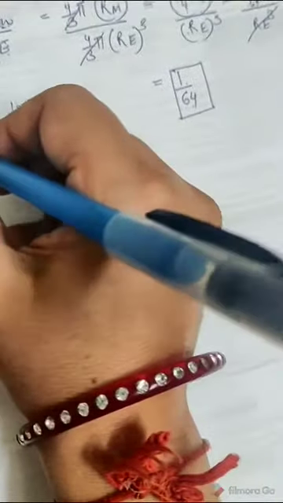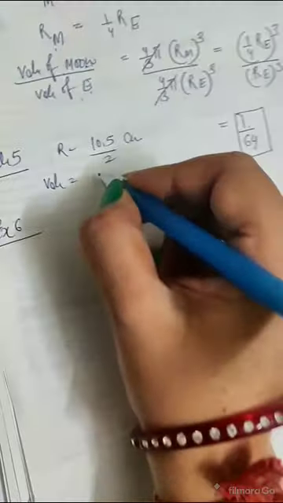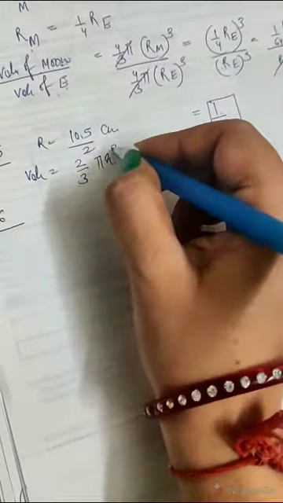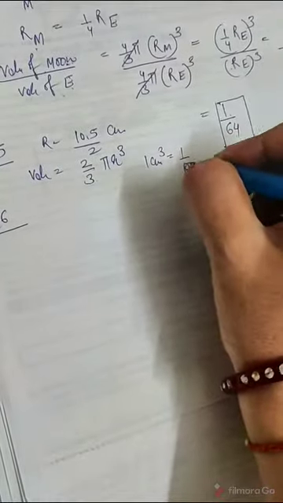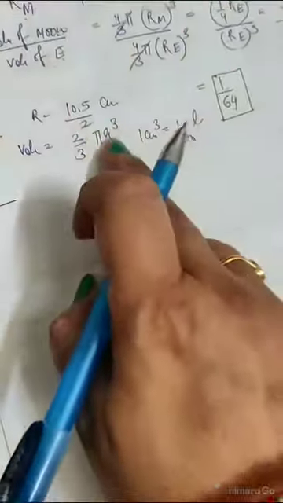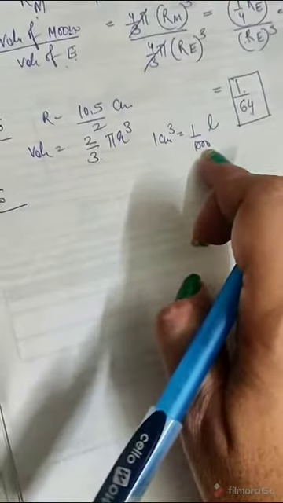Since it is hemispherical, you have to find out the volume by using the formula 2/3 pi r cube. So you can put the values and do the calculations on your own. Since you have to convert into liters, remember 1 centimeter cube is equal to 1/1000 liter, which I have already explained to you in the example. So finally you divide the answer by 1000 and convert into liters.